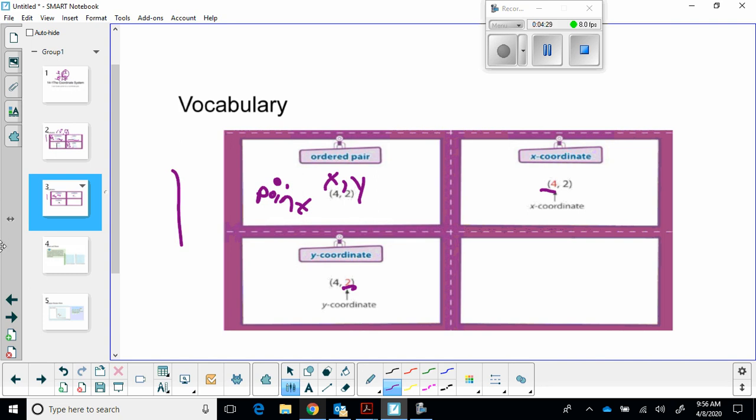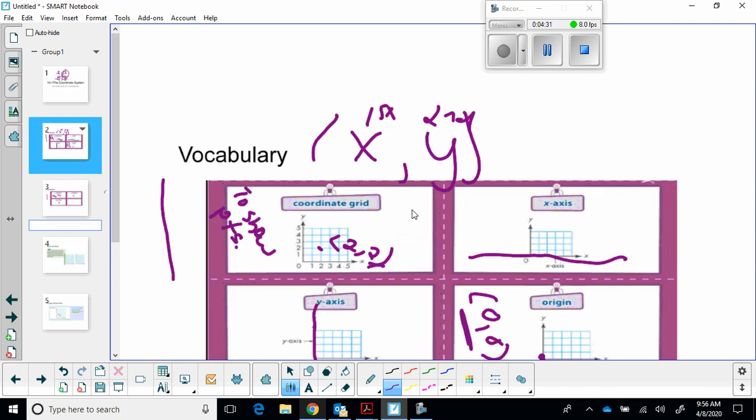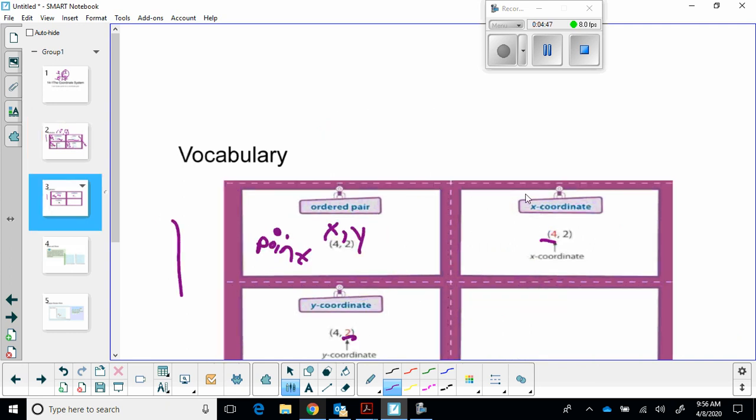So if you want to write these down, the x-axis is the horizontal line and the y-axis is the vertical line. The origin is 0, 0. Ordered pair makes the point. And then we have x coordinate and y coordinate.